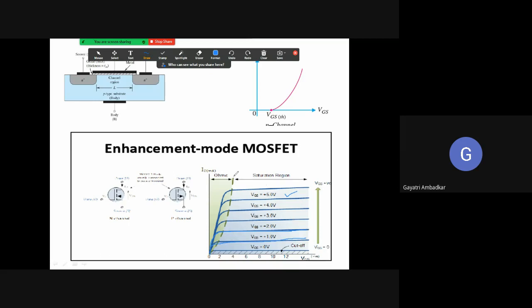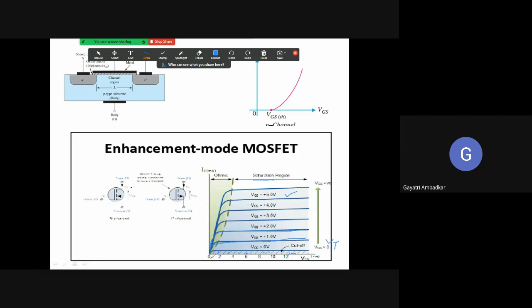Right? Now see, the cutoff region: you understand that when the value of VGS is less than VT, there is no current conduction. So in this region there is no current conduction, and this region is called the cutoff region. Now when the drain current is constant, that region of the characteristics is called the saturation region. Understand?